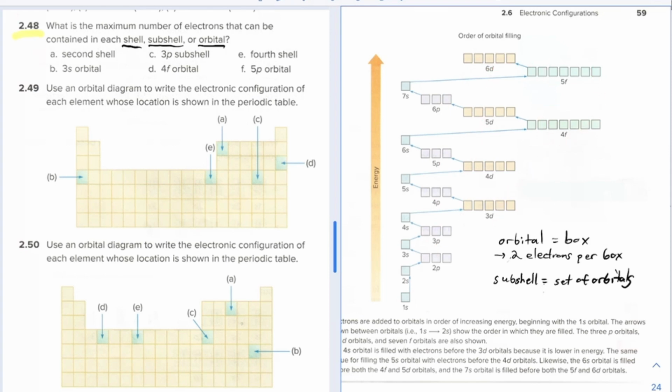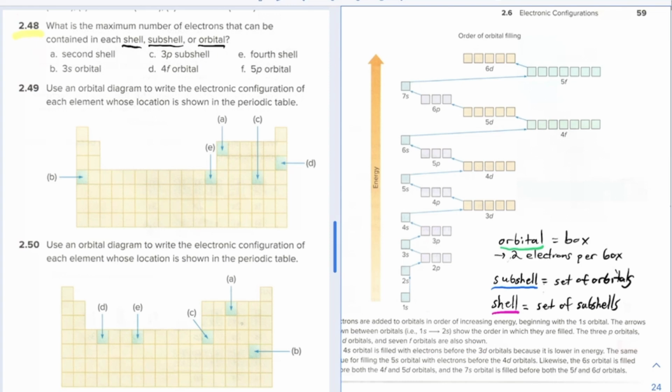Okay, and then finally, a shell is a set of subshells. So you've got shell, subshell, and orbital.